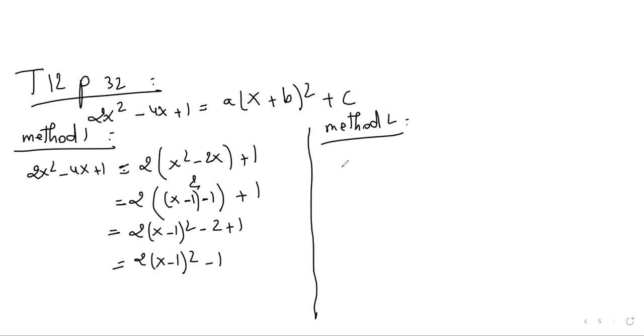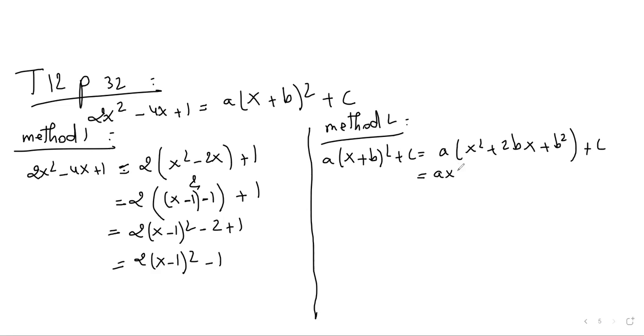So I will take this and expand it. So a times (x plus b) squared plus c, expand this. So a times (x squared plus 2bx plus b squared) plus c, and then expand a on this bracket. So it will be ax squared plus 2abx plus ab squared plus c.